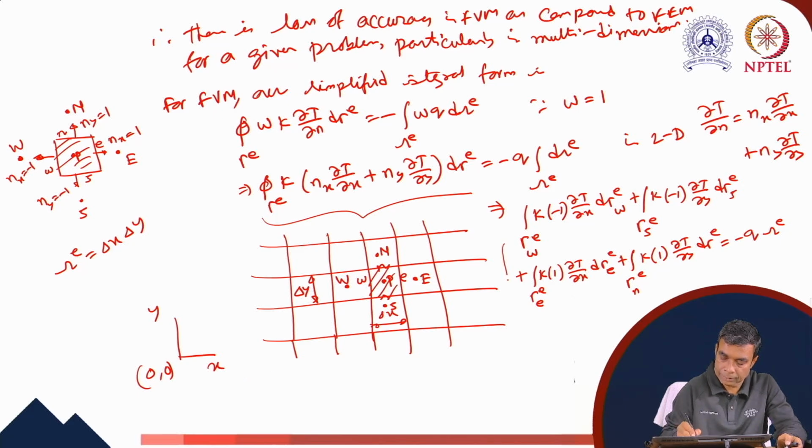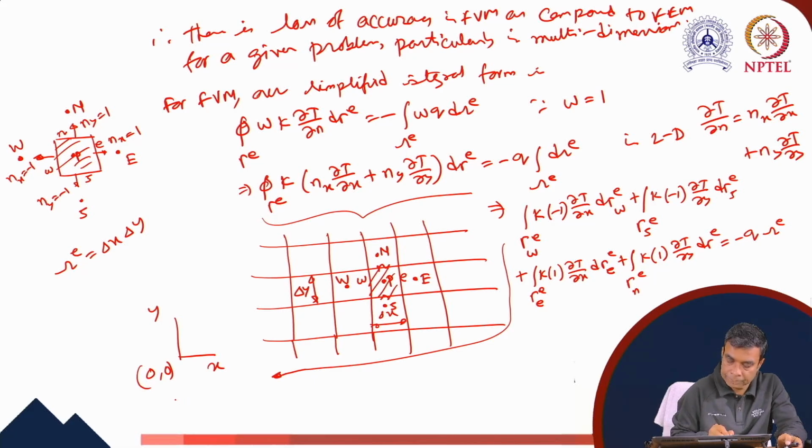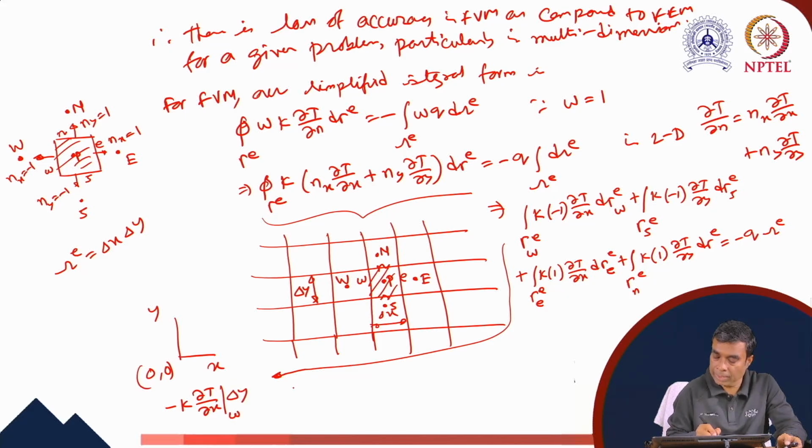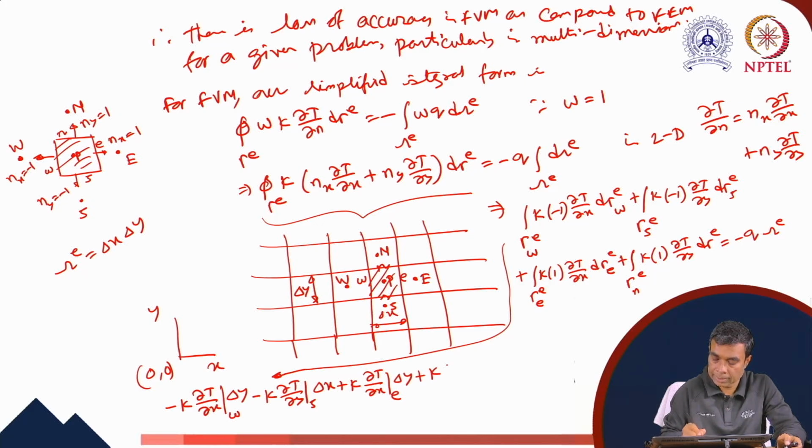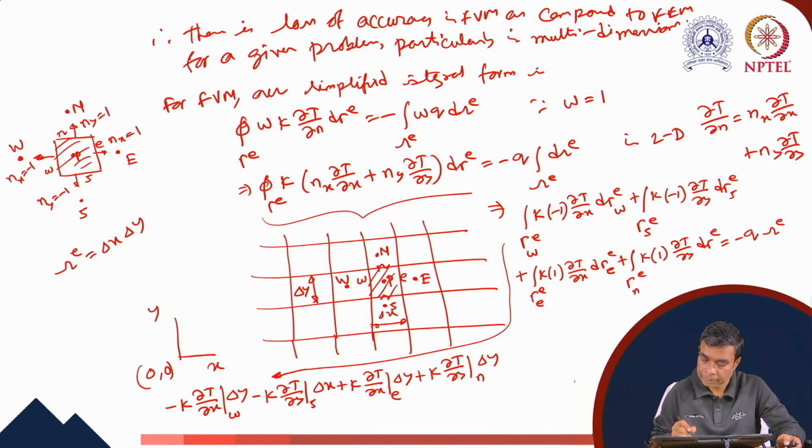So from this equation we get minus k ∂T/∂x at the west face into delta y, minus k ∂T/∂y at the south face into delta x, plus k ∂T/∂x at the east face into delta y, plus k ∂T/∂y at the north face into delta x, equals minus q into delta x into delta y.